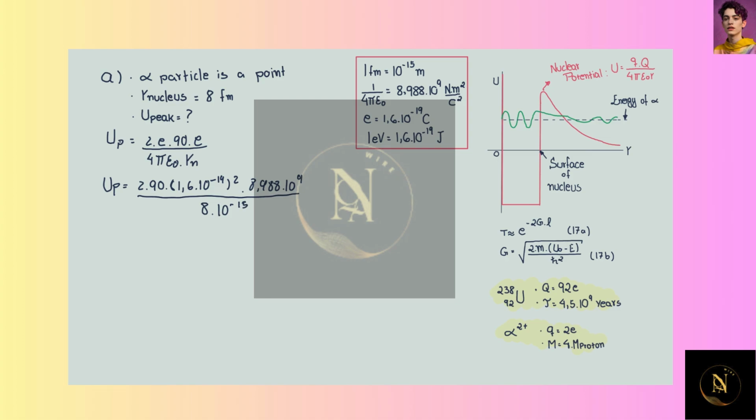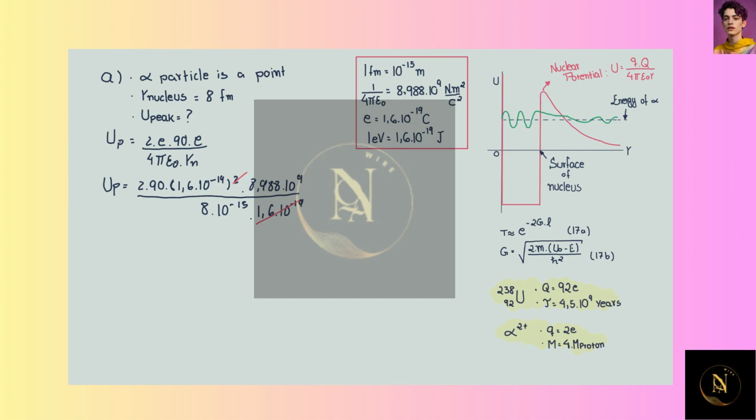Now, solving this calculation will give us a value of energy in joules, but since we are dealing with nuclear properties, we would rather evaluate this energy in electron volts. In order to convert from joules to electron volts, all you have to do is divide the energy by the charge of a single electron. So we add an extra factor of 1.6 times 10 to the minus 19 to convert the result to electron volts. But this conversion factor will actually help with the calculation, because we can simplify it.